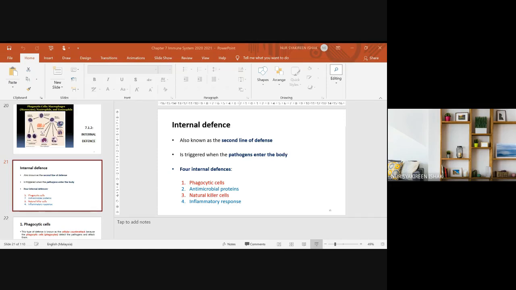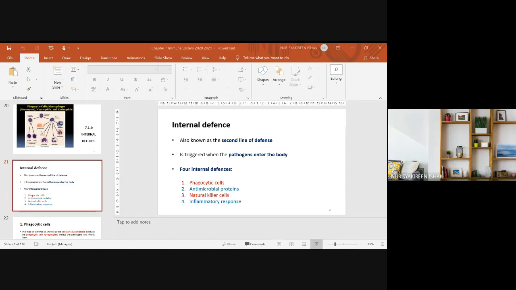So it has four components. You have the phagocytic cell, you have the neutrophil, you have the eosinophil, you have the macrophage, and then you have the dendritic cell. Okay, and then you have the antimicrobial proteins, such as, for example, interferon. Okay, and another one we are going to look at later. So this natural killer cell will kill infected body cell.